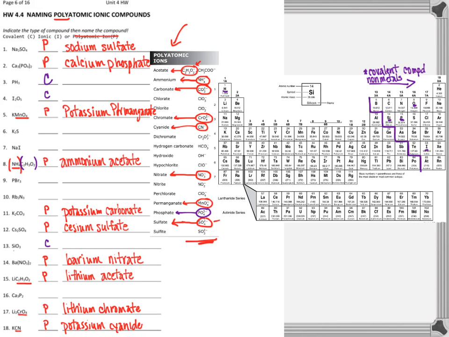Okay? All right, now the rule for covalent, this is the only time that we're going to be using prefixes, okay? And again, the rule for covalent, we use mono, di, tri, tetra, penta, hexa, hepta, octa, nona, and deca, except for we never use mono for the first element.